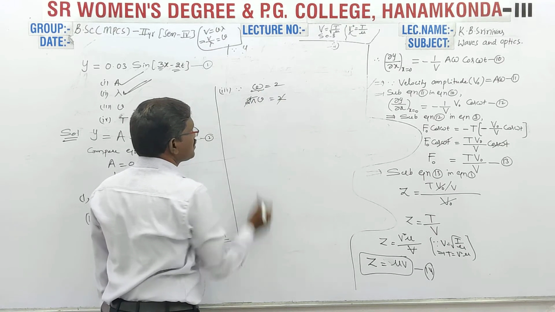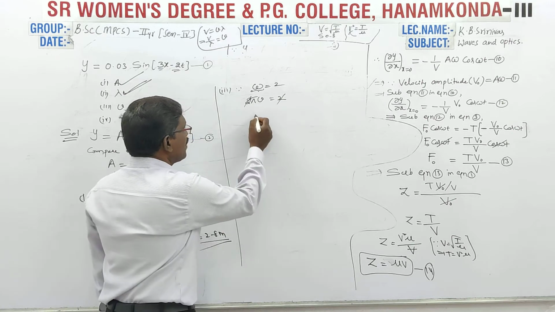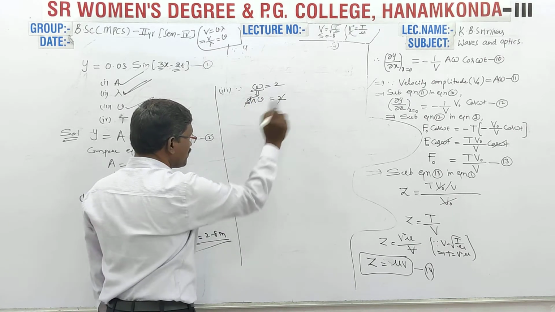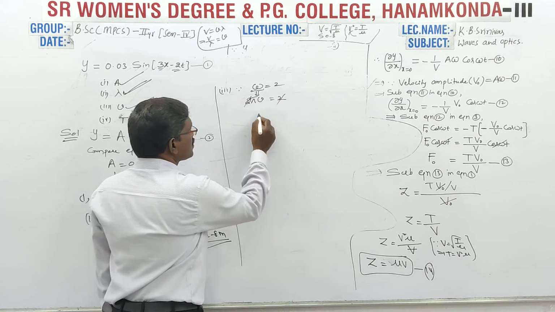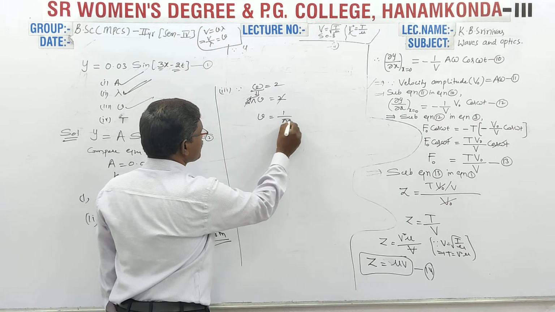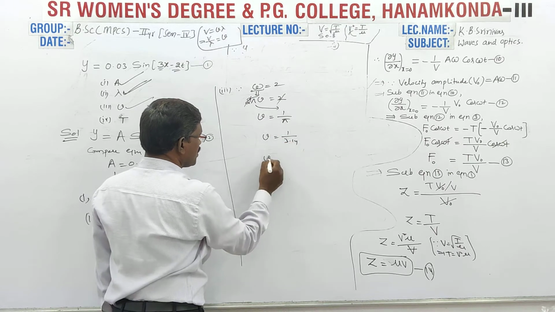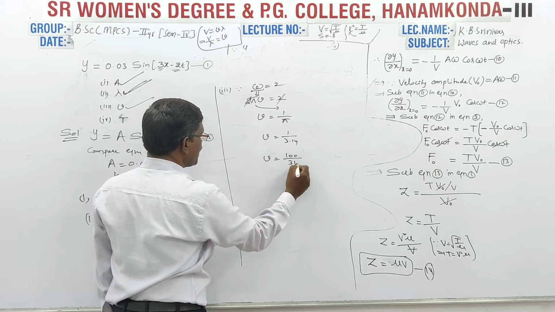So 2 gets cancelled. I want to calculate frequency, the third one. If you know this relation, you can easily find out. So nu is equal to 1 by pi, 1 by 3.14. Nu is equal to 100 by 314.